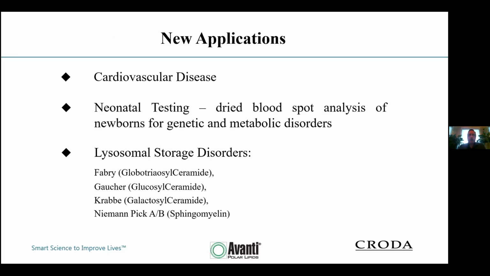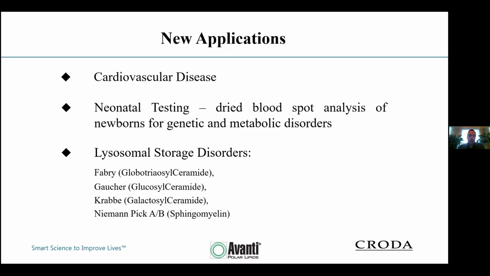And so our new applications that we were targeting involve cardiovascular disease, neonatal testing, whereby you take a dry blood spot, put it on a piece of paper, punch out the paper, add your internal standard, and look for diseases that arise from either genetic or metabolic disorders.